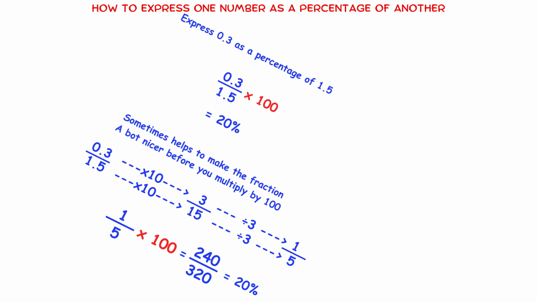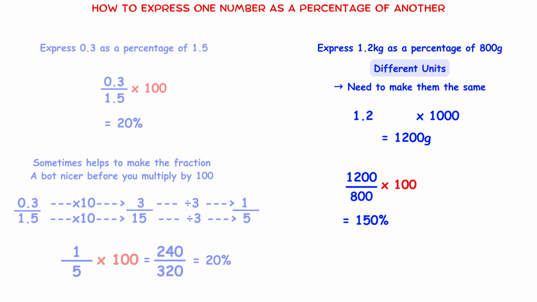Let us now consider a slightly more complex example where we are asked to express 1.2 kilograms as a percentage of 800 grams. Here we face two complications. First, the two values are expressed in different units, one in kilograms and one in grams, so we must convert them to the same unit to proceed accurately. It is typically easier to convert 1.2 kilograms into grams, which we do by multiplying by 1,000, giving us 1,200 grams.